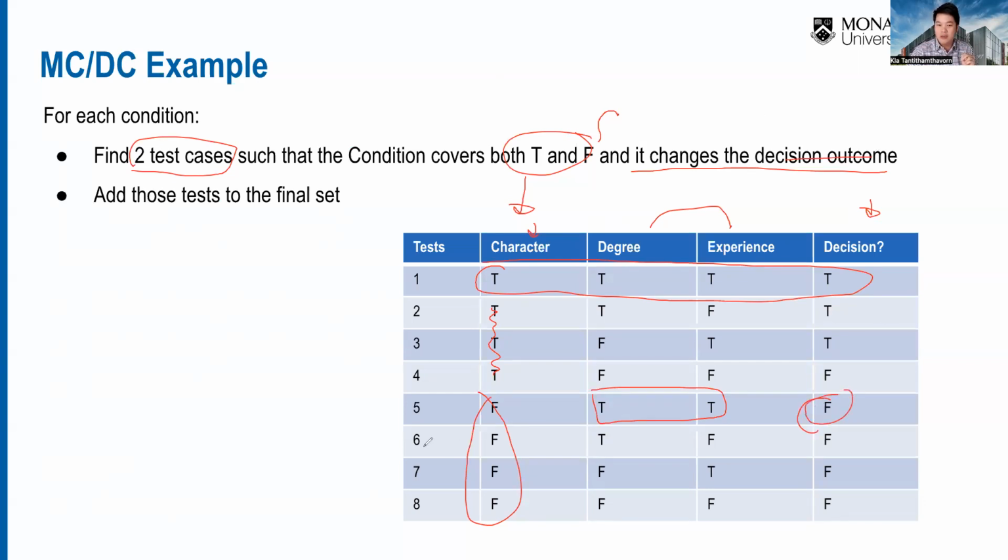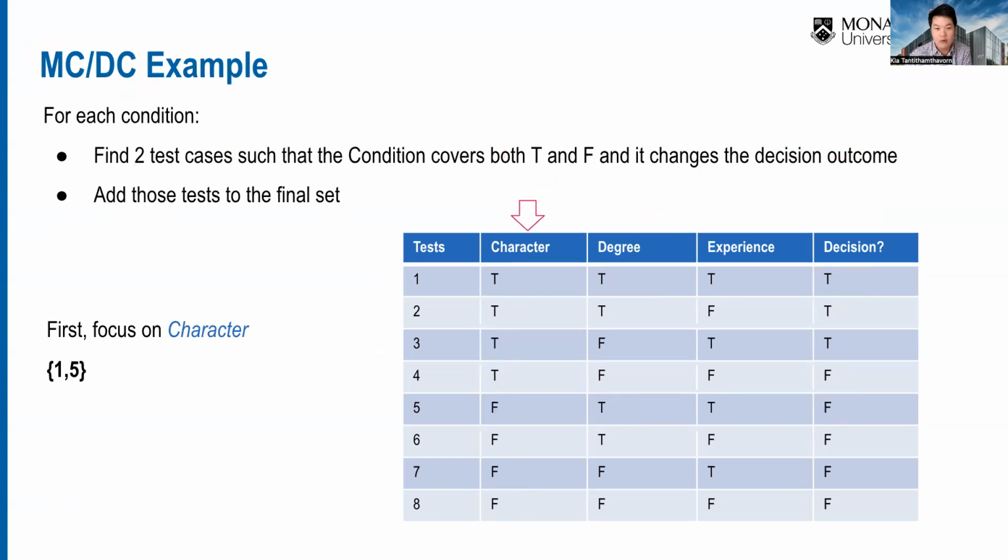So in this case, we're going to choose 1 and 5 as potential test cases to achieve modified condition decision coverage. Modified condition means it's flipped: it tests both true and false, where the decision outcome is also covered true and false. So that's why we have 1 and 5 as one potential pair. Not finished yet. Look at the next one.